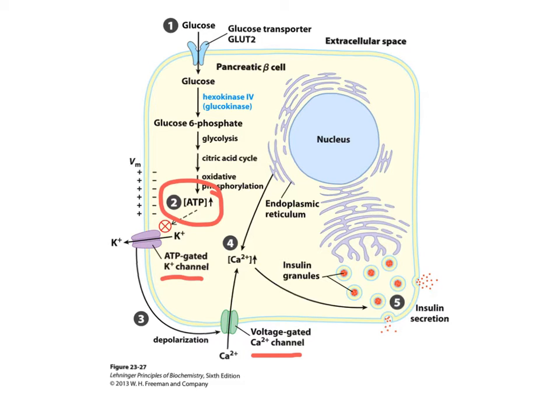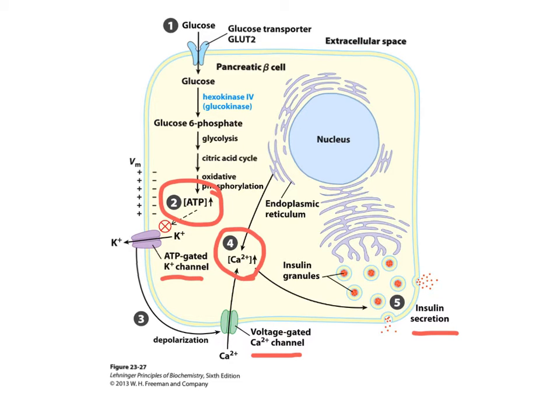This increase in calcium can cause additional releases of calcium from the endoplasmic reticulum, and the increase in intracellular calcium is also going to cause the insulin granules, so these are granules with our preformed insulin inside of them, to go to the plasma membrane, and then through exocytosis, we get the secretion of insulin.